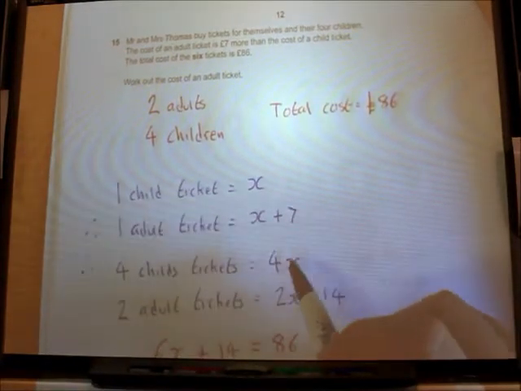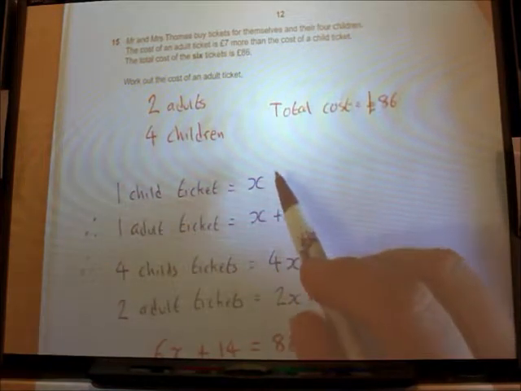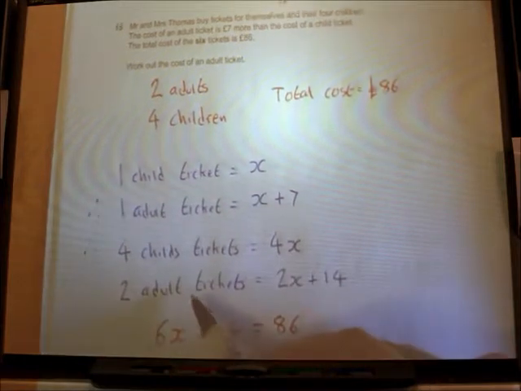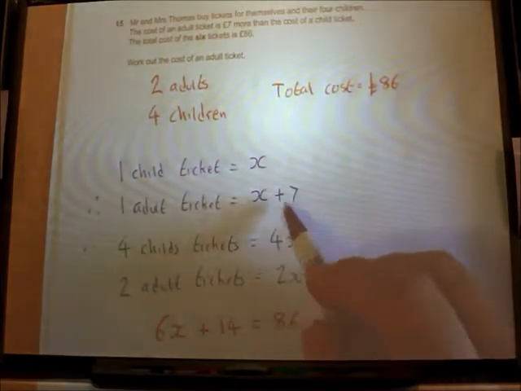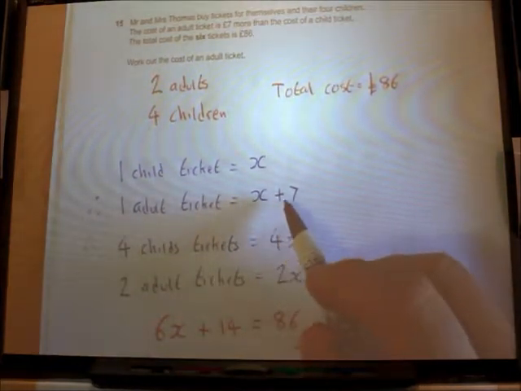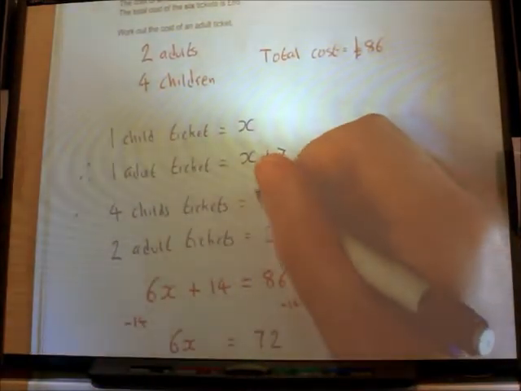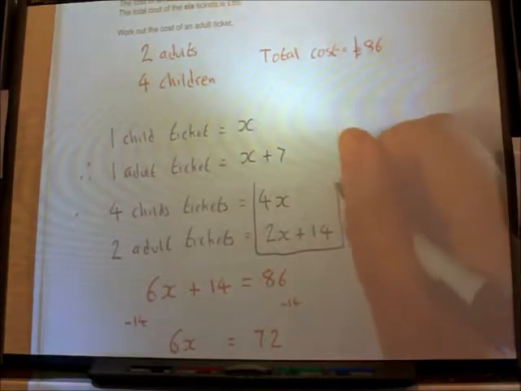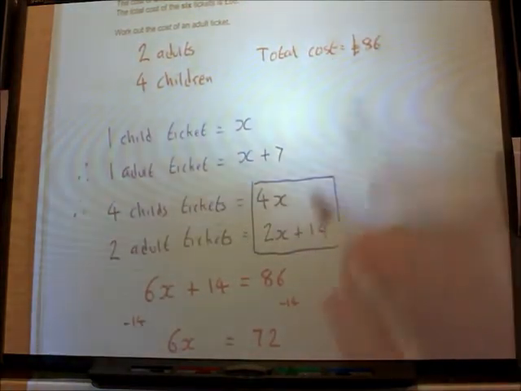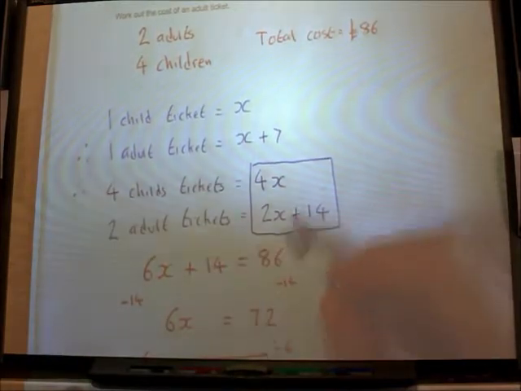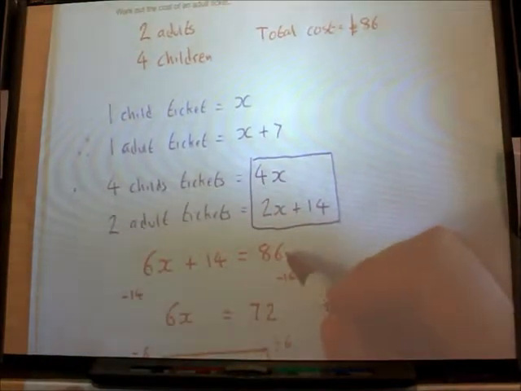So that means 4 child tickets would be 4X, and we want 4 child tickets because there's 4 children, and 2 adult tickets must be twice the amount of this. So it's 2X add 14, which is what I've got here. So all of this will cost £86. So we've got 6 X's, add 14 equals £86.